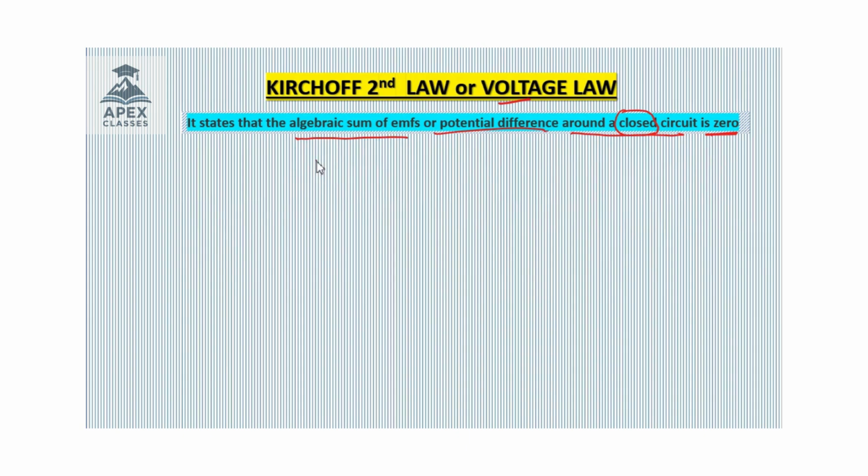So we can write it like this: the algebraic sum of V is equal to 0. Now what is V? V is the potential difference or the potential drop. It can be the EMF of the cell also.